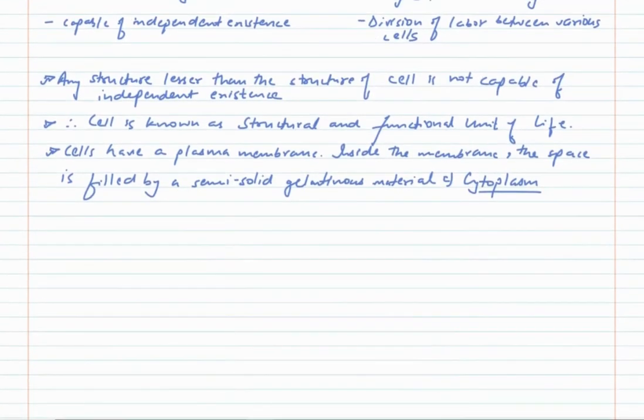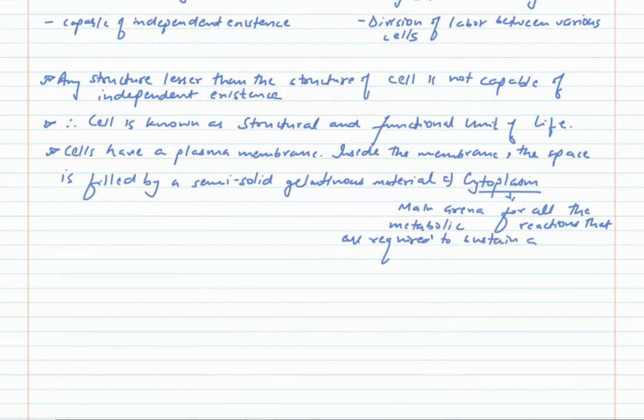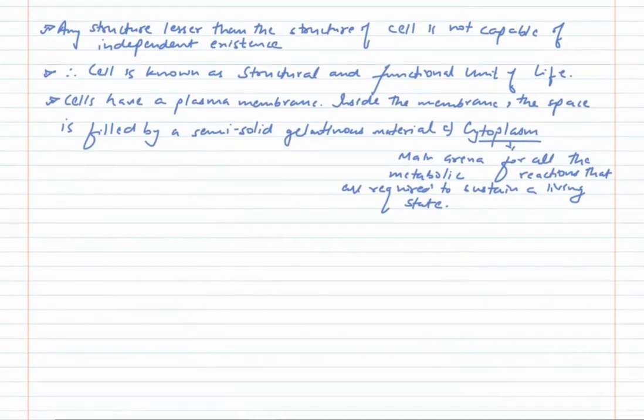This cytoplasm is the main arena for all the metabolic reactions that are required to sustain a living state. To sustain a living state, all those metabolic reactions take place inside the cytoplasm. This is present in both eukaryotes and prokaryotes.